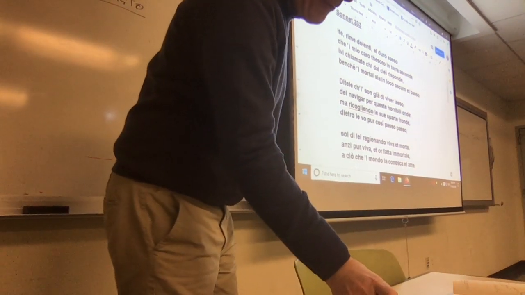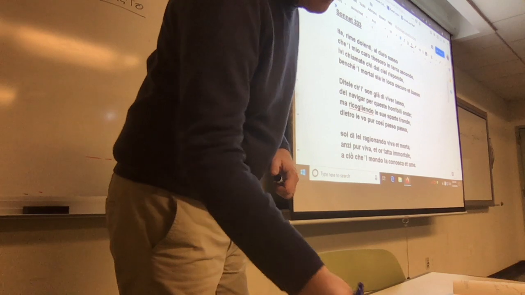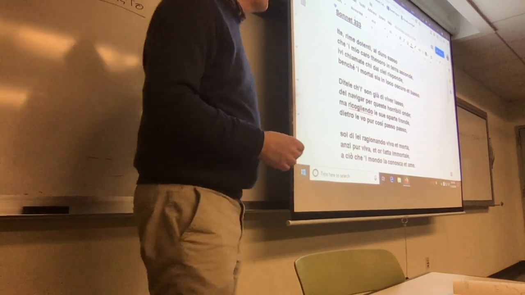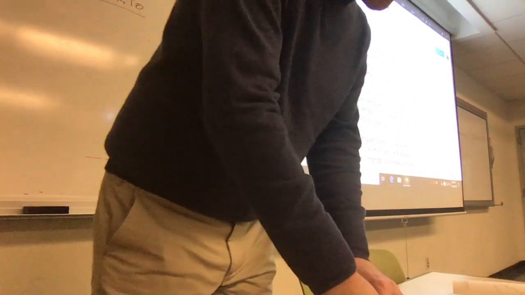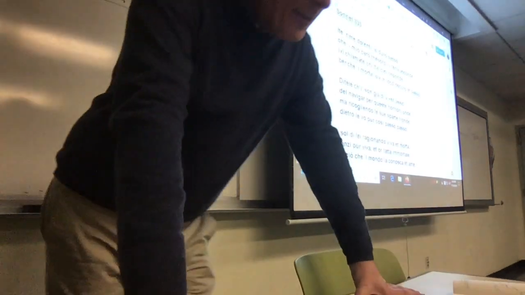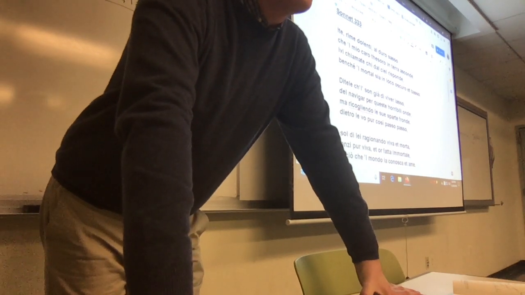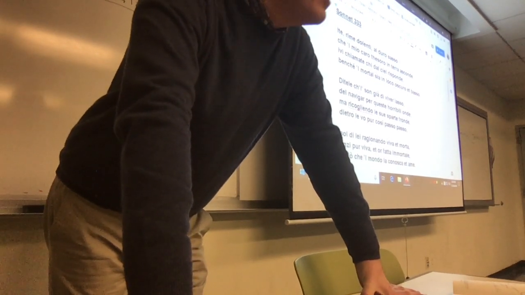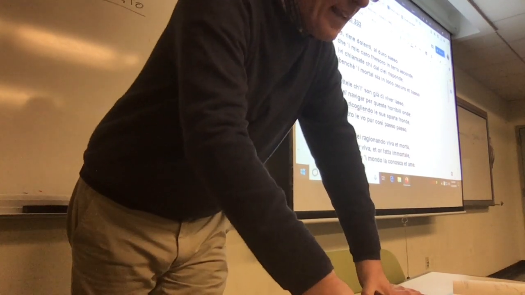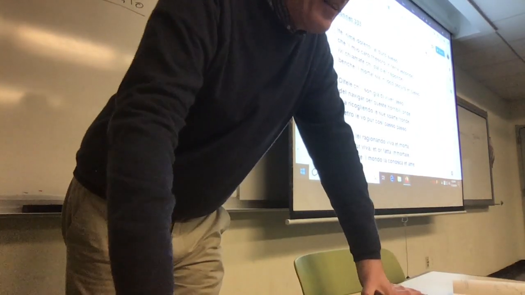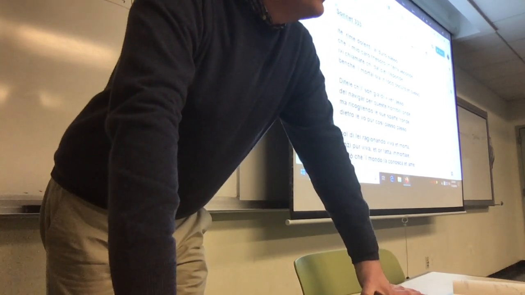You have essentially two halves of every sonnet. There's 14 lines. It's divided essentially into two parts. The first part is the octave, which means eight lines. Second part is the sestet, that is 6 lines. By my count, 8 and 6 makes 14.